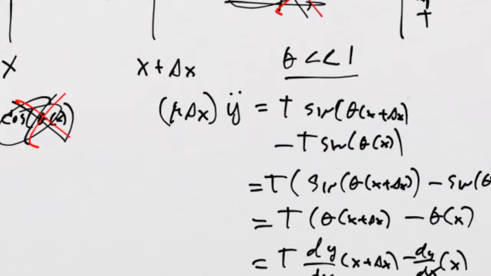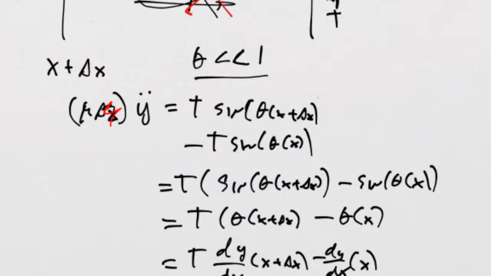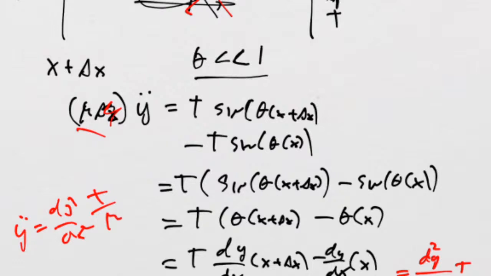And then we divide through by the delta x, and this ultimately is equal to the second derivative of y with respect to x. So this becomes d squared y/dx squared times the tension. Then you divide through by mu, and you end up with y double dot equals d squared y/dx squared times T over the mass density. And that is the one.